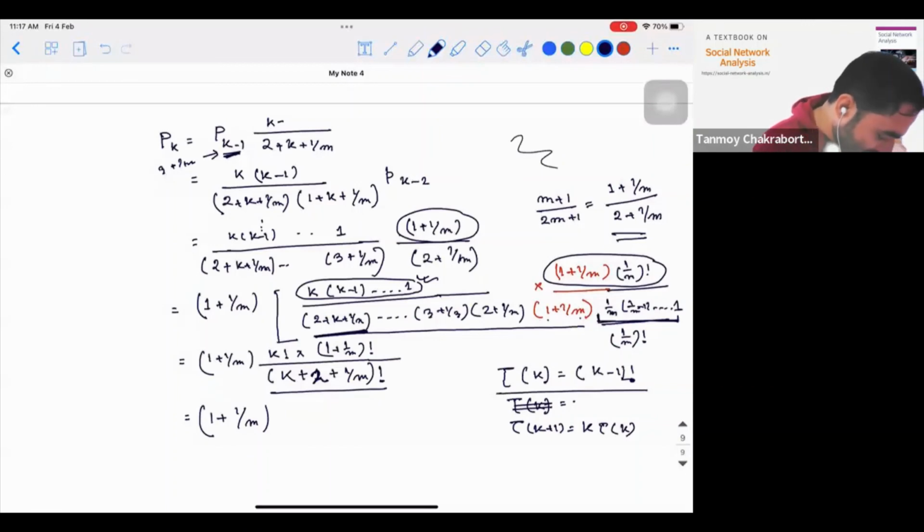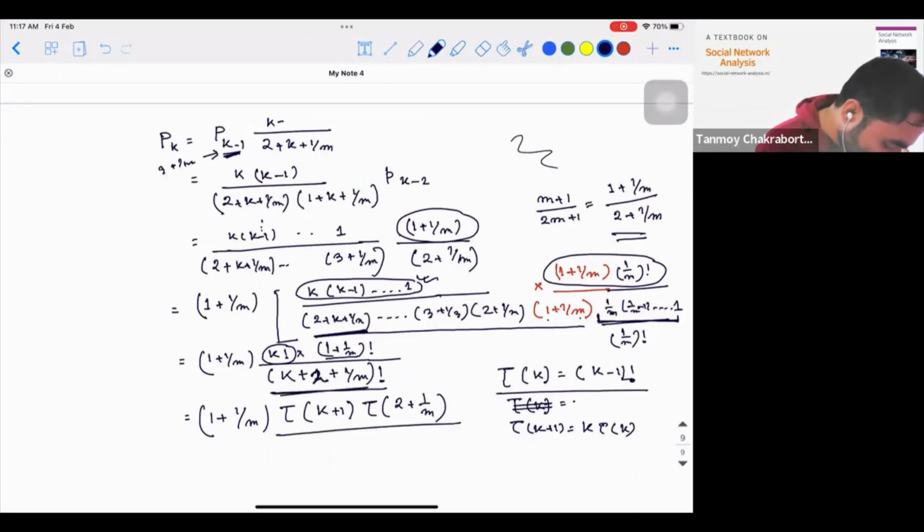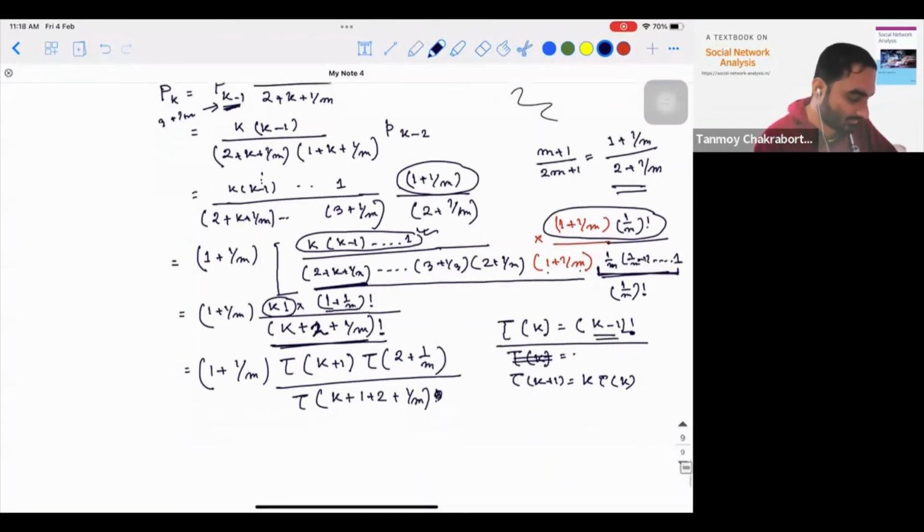So this factorial k is essentially gamma k plus 1, right? Or factorial 1 plus 1 by m is gamma 2 plus 1 by m. And this one is gamma what? k plus 1 plus 2 plus 1 by m. Just adding 1 to the factorial term, right? So I wrote the entire thing in terms of gamma.